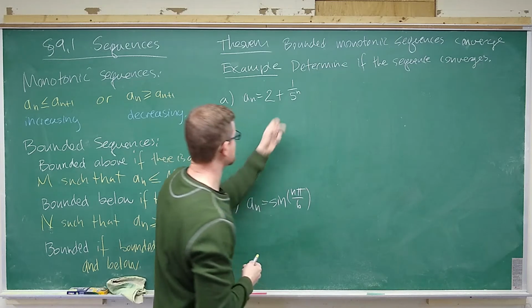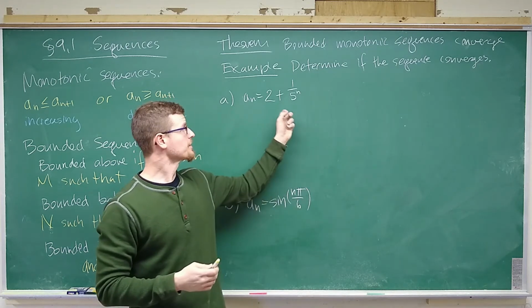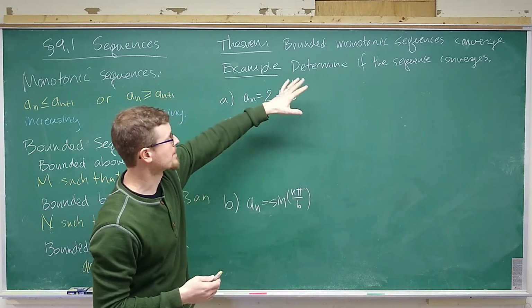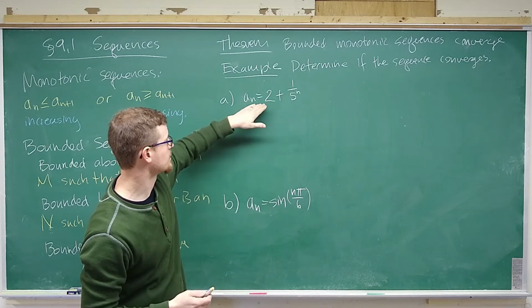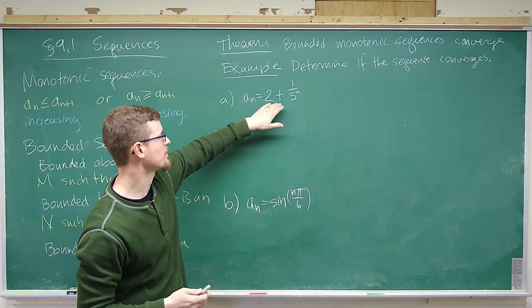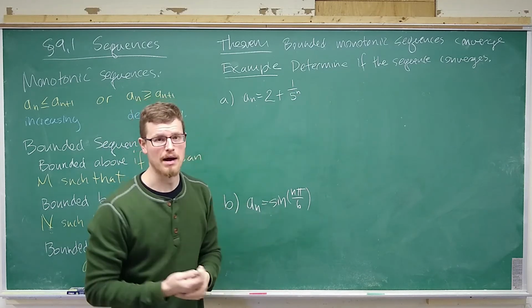So let's take a look at these two examples here. For the first example, in each case we want to determine if the sequence converges. For the first case, we want to look at terms being given by 2 plus 1 over 5 to the nth power.